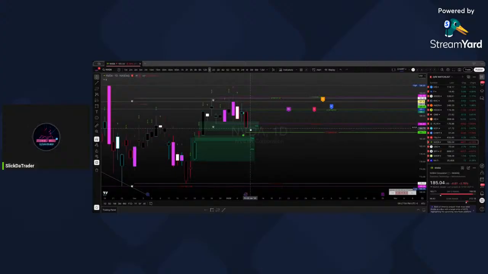I was like, oh man, that is falling. Actually, the entry for this, if you would have taken it, I probably would have entered at 186.56, and we came all the way down to like 183.82. So it's actually pretty good, a good couple dollars.